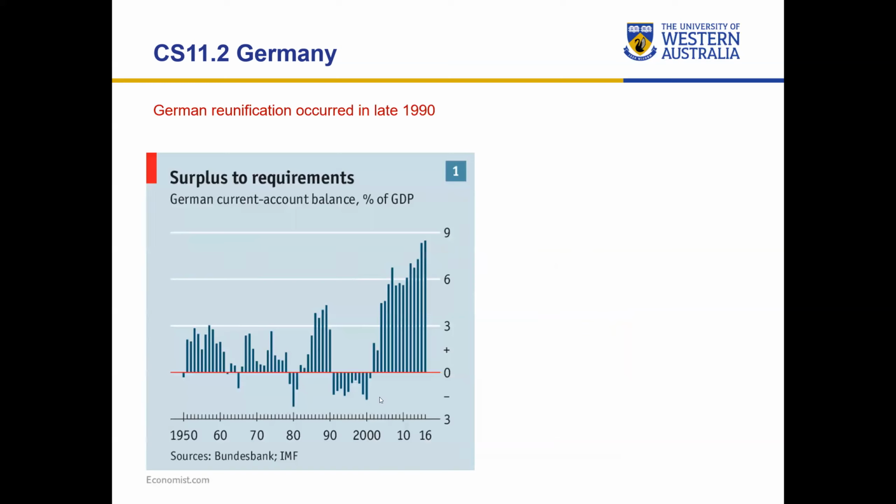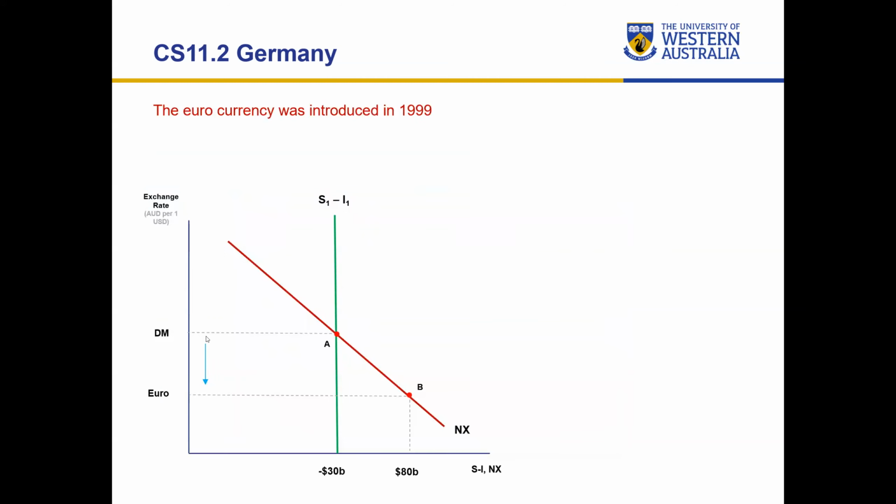So if we come back to this graph, the easiest way to think of this big swing from current account deficit to current account surplus up to about this point, even though the euro was appreciating, the euro was still much lower than the Deutschmark. So what we've got here is, in a sense, at point A, just prior to the introduction of the euro in 1999.